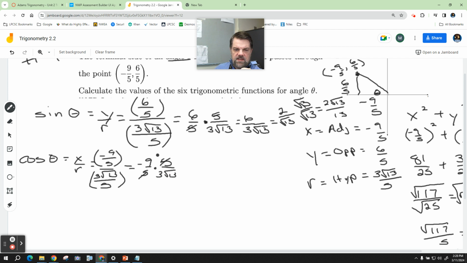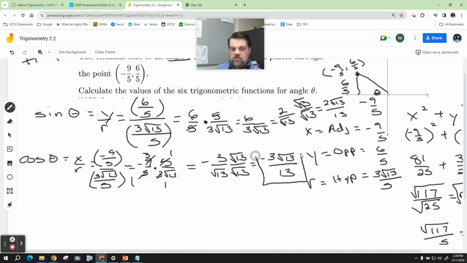The 5s cancel, and 9 divided by 3 is 3, 3 divided by 3 is 1, so we get negative 3 over root 13. But then remember, I have to rationalize the denominator. And that gives me negative 3 root 13 over 13. Okay?